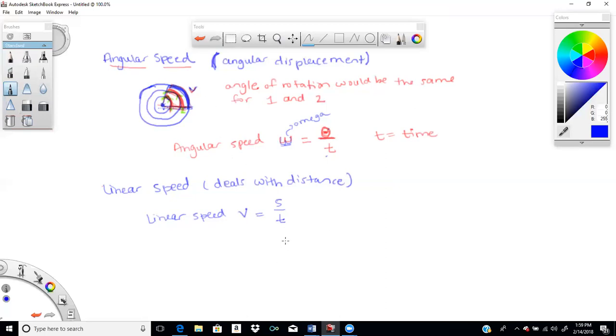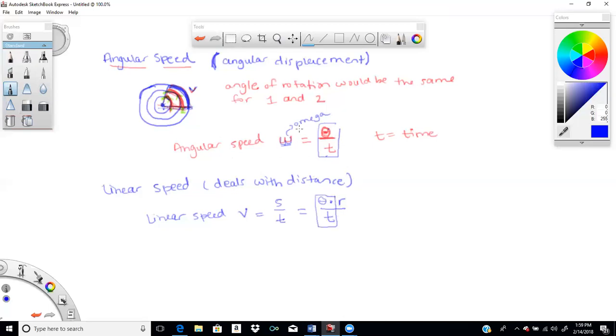And so we have basically S, which we know is theta times the radius, over time, right? Now, looking at this, what do you see in here? Well, look, that's right here.